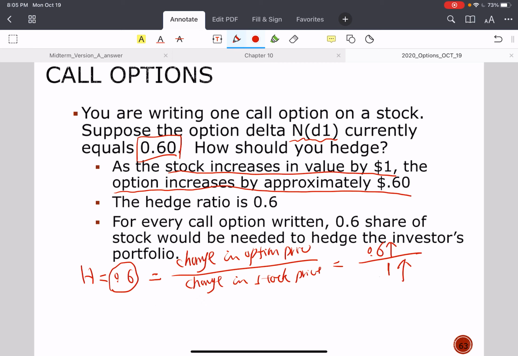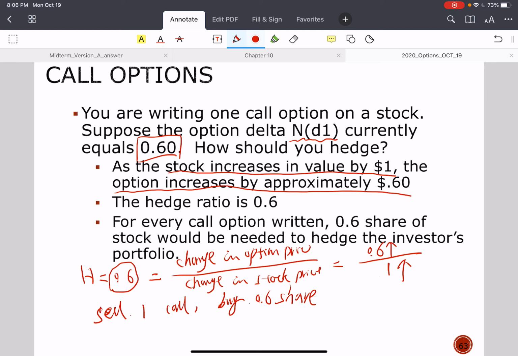So this basically tells you that for one call, you will buy 0.6 shares, right? So if you sell one call, you will buy 0.6 shares. You can verify this is actually true, right?